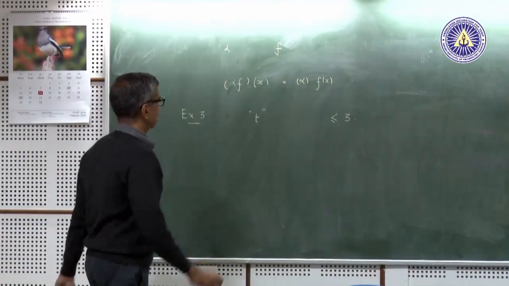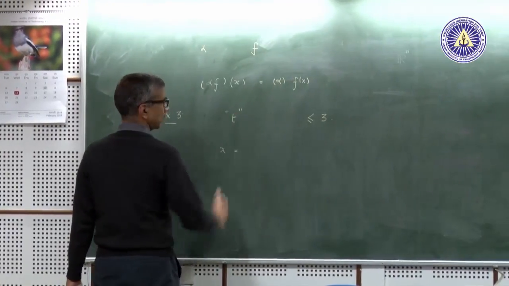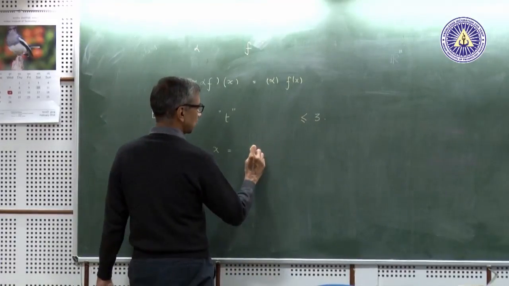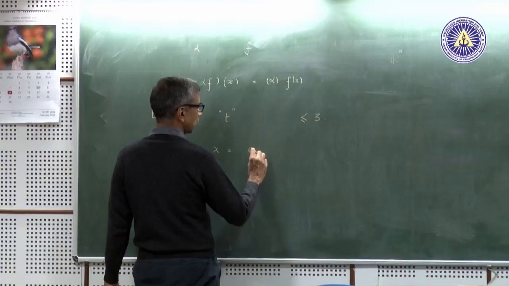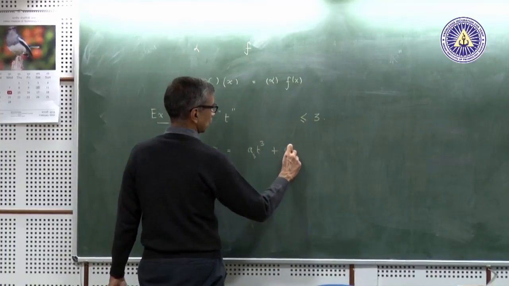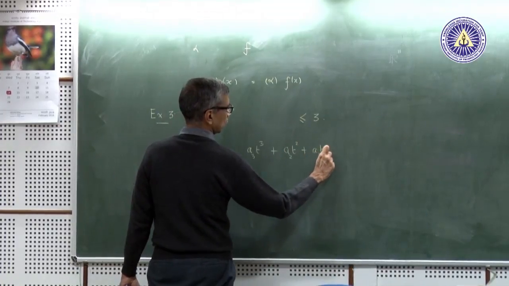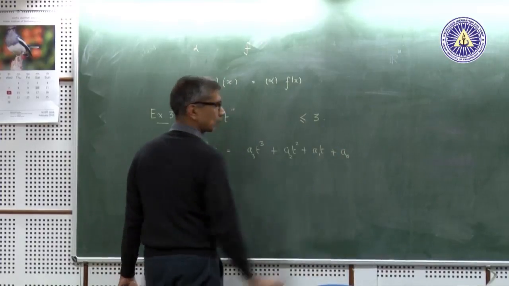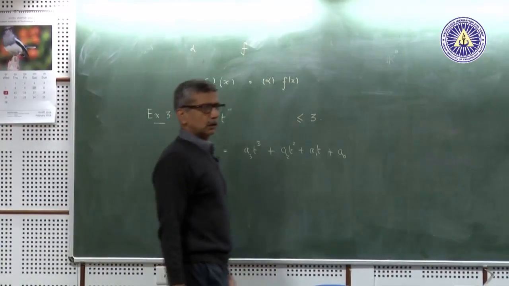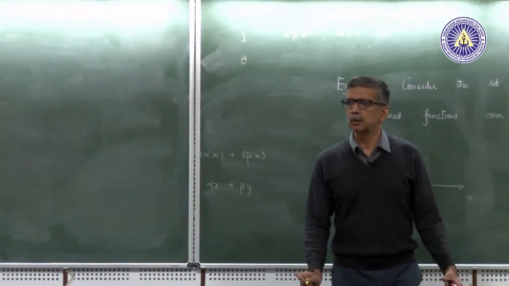How does a polynomial, let us call it x, with degree less than or equal to 3 look like this, right.